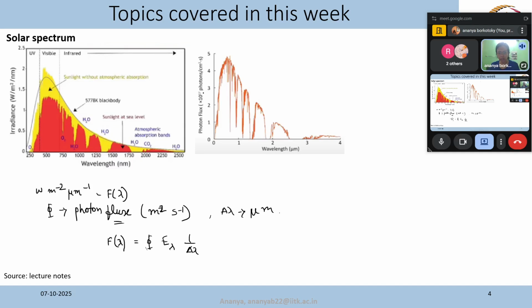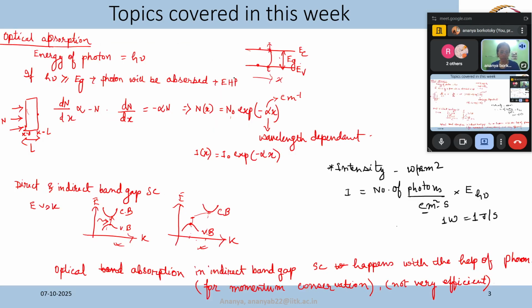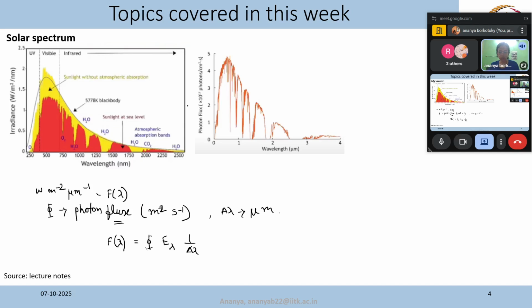You can see this is number of photons per centimeter square per second. In calculations we will use either the number of photons, photon flux or intensity. This is just to show that there is this relation, and people who work in solar cells use this spectrum to find this photon flux.